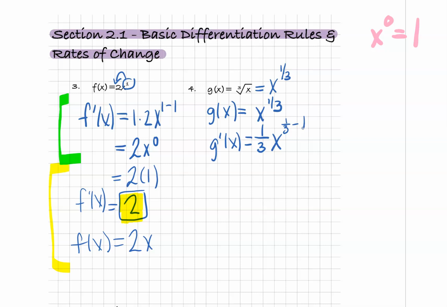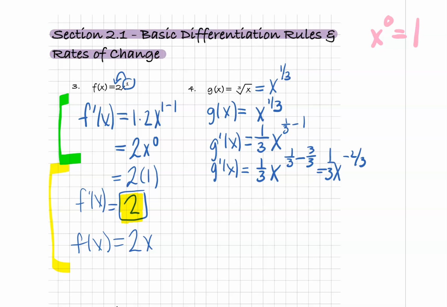I'm going to show you the negative here in a minute. So with a fraction, be careful with this. Use your handy dandy calculator if you need to as you go. So this would be equal to 1/3 x to the, now remember, 1/3 minus 1, if I get a common denominator, would be 1 minus 3 over 3. So that would be 1/3 x to the negative 2/3.